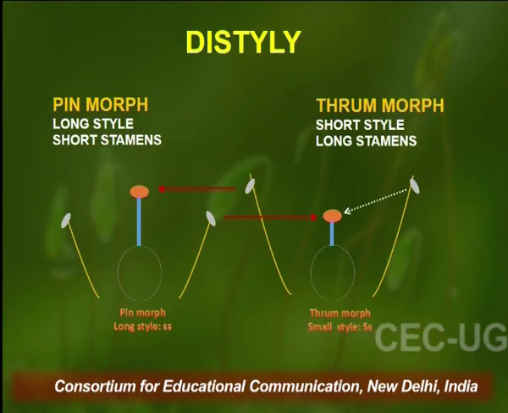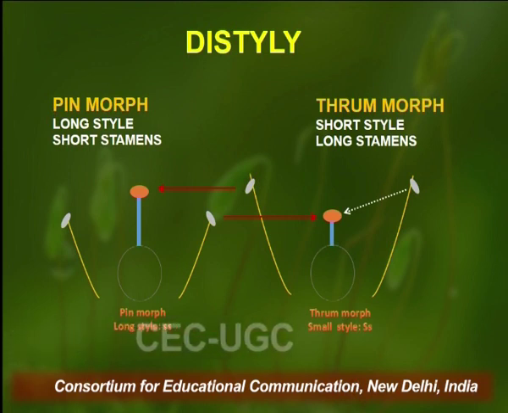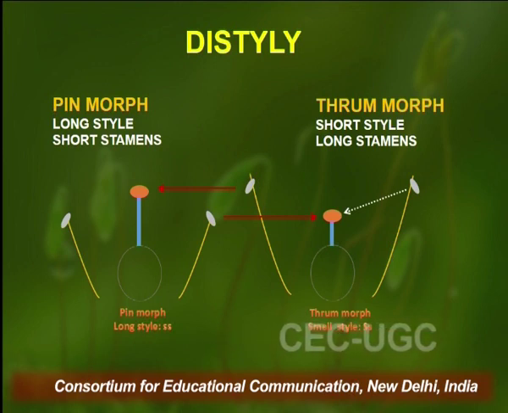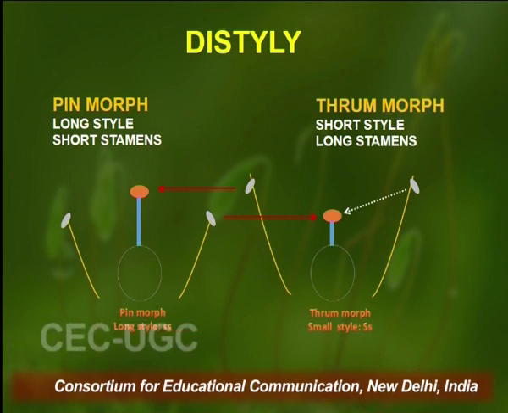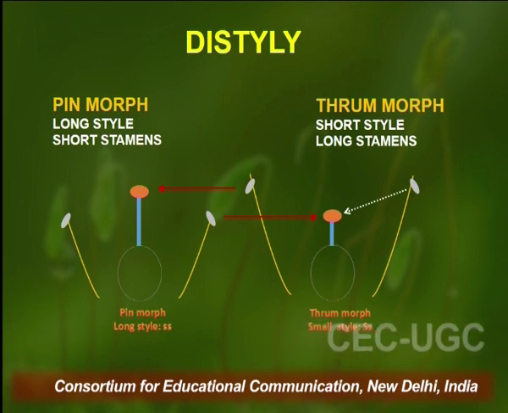So, this is a distylous condition where there are two types of styles present. On the left hand side is the pin morph. Now, this term pin morph has come from the common pin. You would have seen a common pin which is used for tagging papers, we can put them together using a common pin.